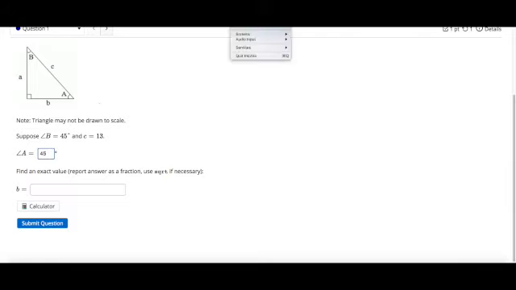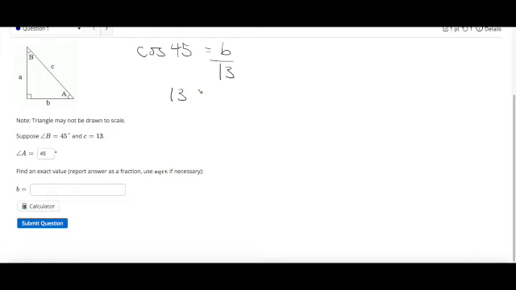I will explain this one just because it's useful now that we know a little bit more than we did before. The important thing to take away from here is that if you remember what we did before, we could have done, for example, the cosine of 45 is equal to the opposite over the hypotenuse, and that would give us our answer.